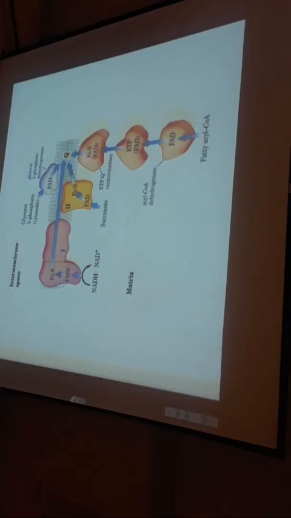From the iron sulfur cluster, single electrons at a time are transferred to this coenzyme Q or ubiquinone, which is shown as Q here. But we'll talk about this kind of stuff again when we talk about the electron transport chain.